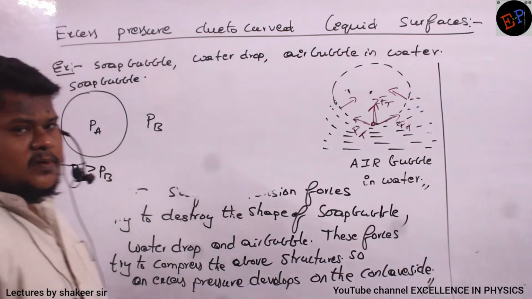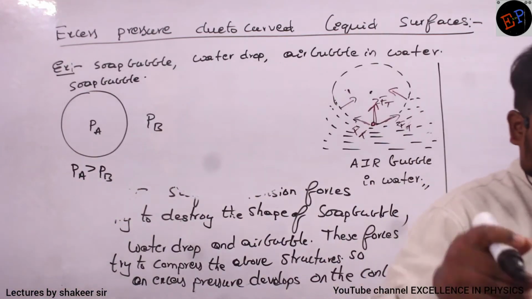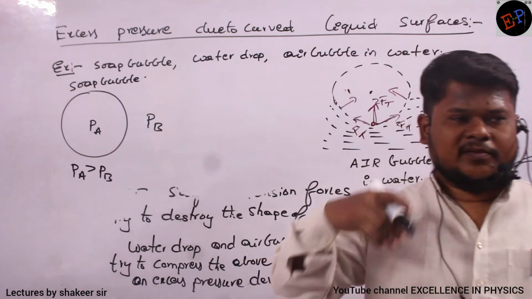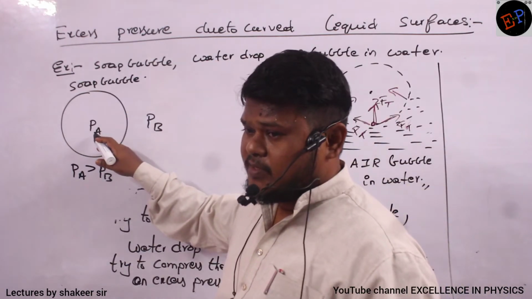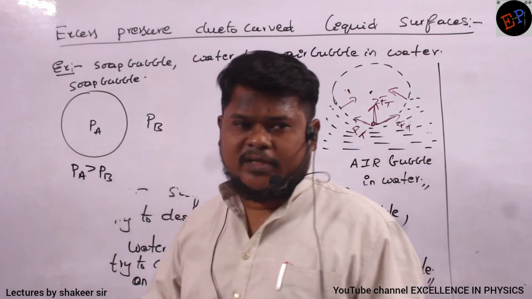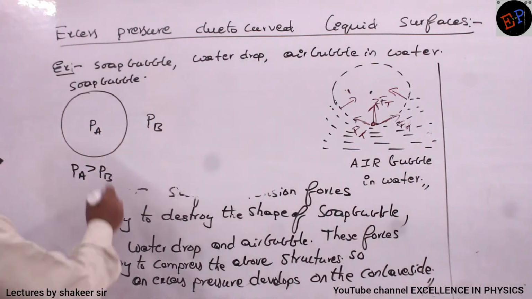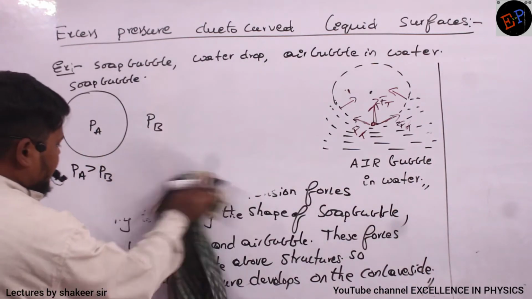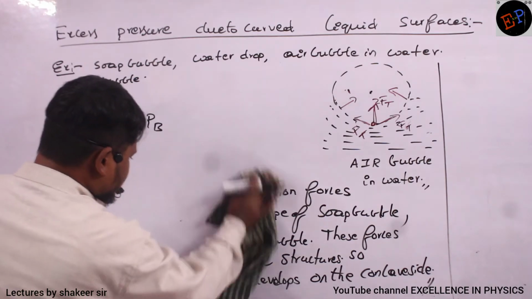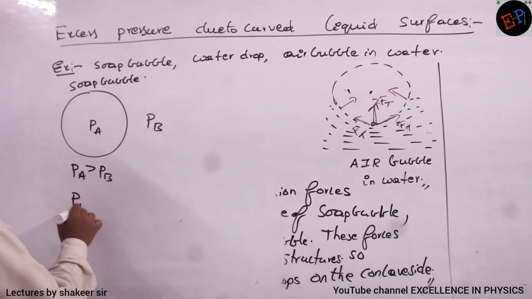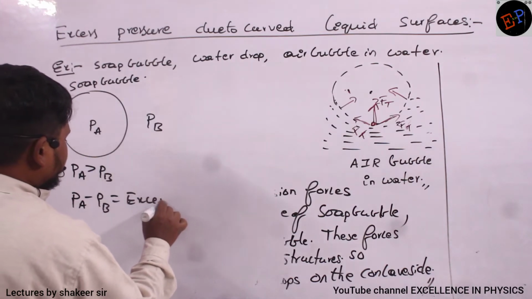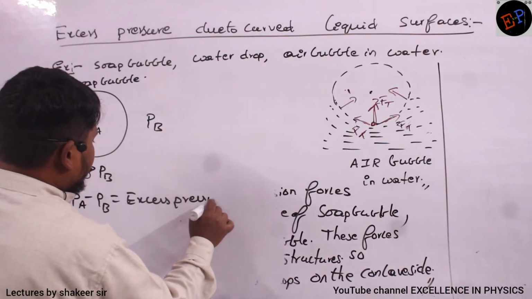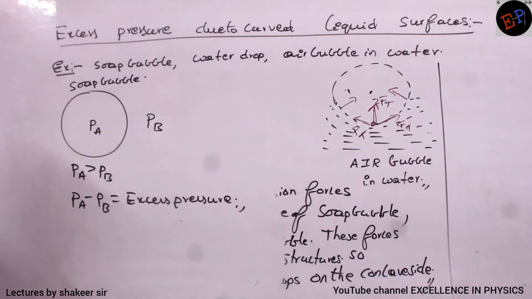When you compare pressure on the concave side and pressure on the outside surface, definitely inside pressure will be greater than outside points. And this difference in pressure, PA minus PB, is called excess pressure. The pressure which is greater when compared to the outside points.